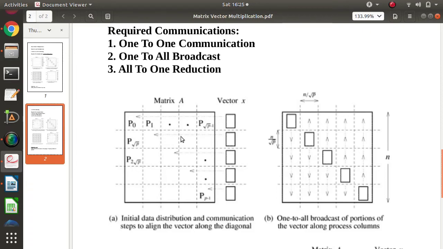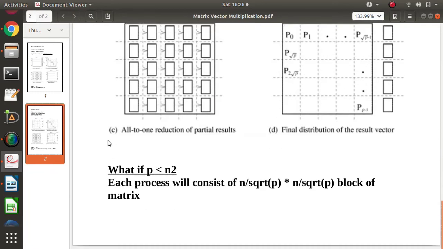Total elements were n square, with n rows and n columns. So we have considered n square processes. But what if the processes that we have are fewer than these n square elements?